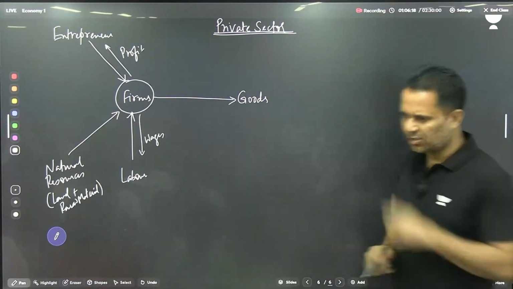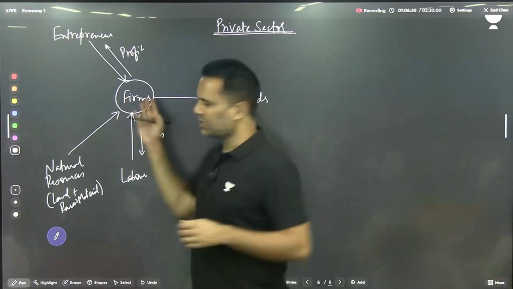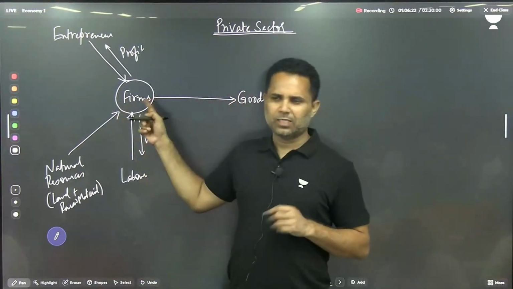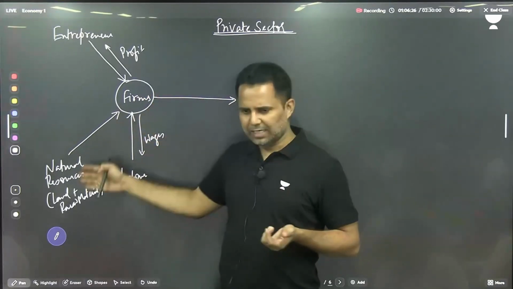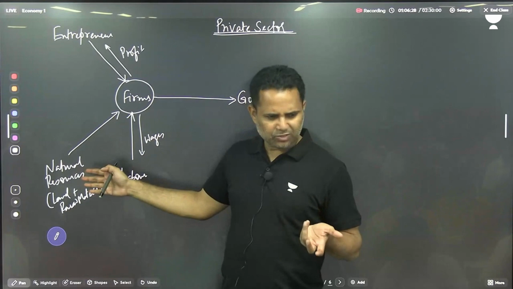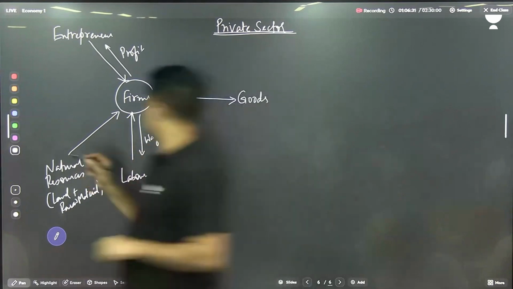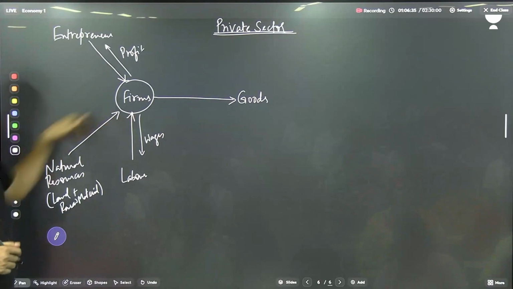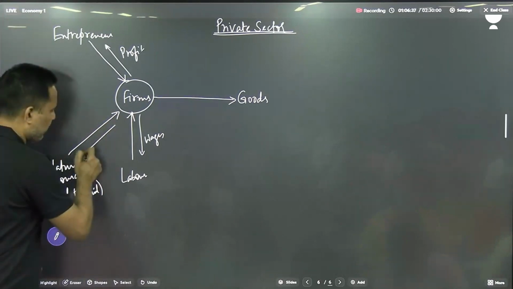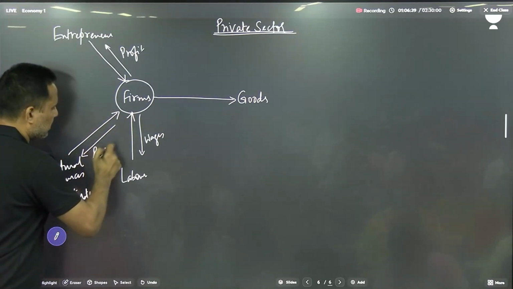Okay, land and raw material. For example, if this is Jindal Steel, then for them land and coal, all these are natural resources. And whoever provides natural resources, the company will have to pay something. Whatever the company pays, that is called rent.